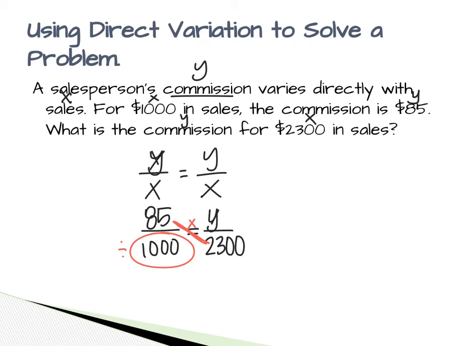So 85 times 2,300 divided by 1,000 gives me 195.50. So what is the commission for $2,300 in sales? It's $195.50.